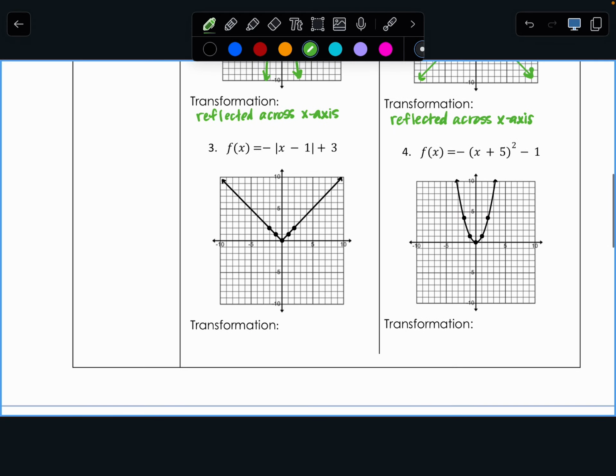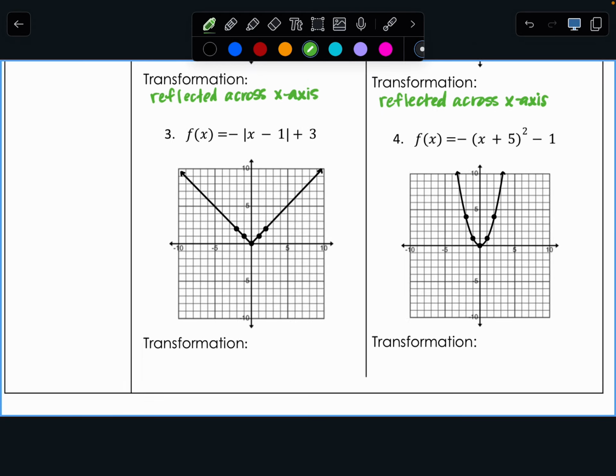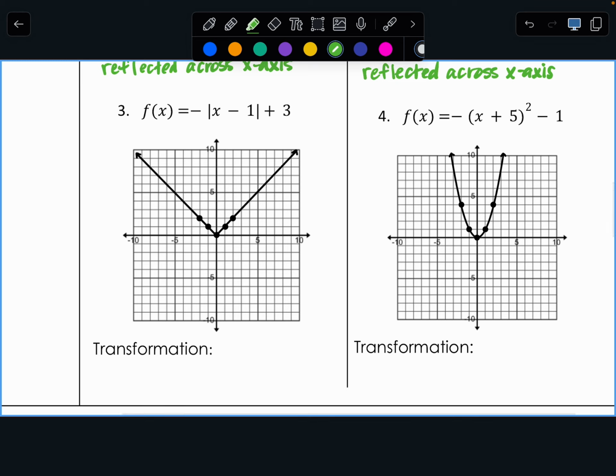Okay, so now let's look at reflection with horizontal and vertical shift. So there are 3 transformations here. The first is reflection. The next one is shifting right 1 unit. And shifting up 3 units.